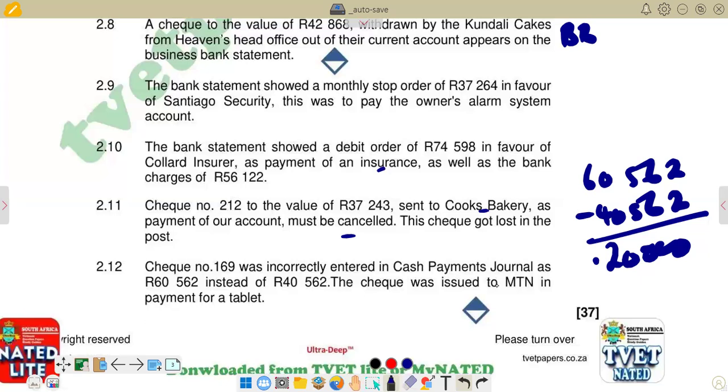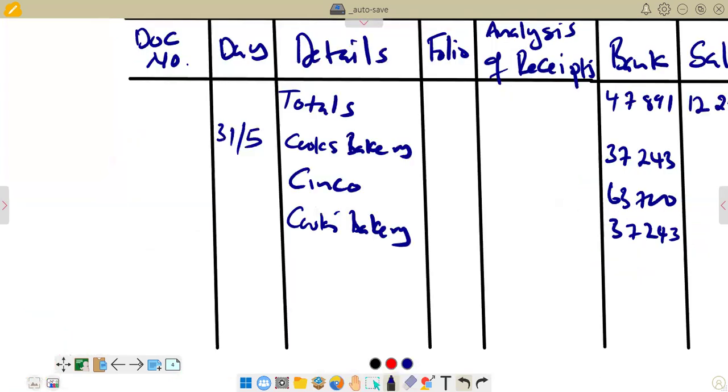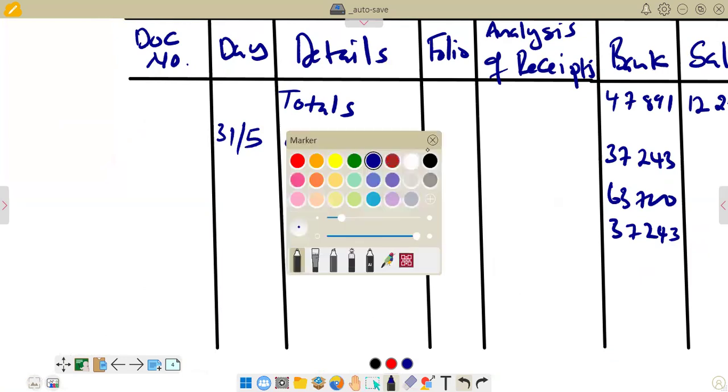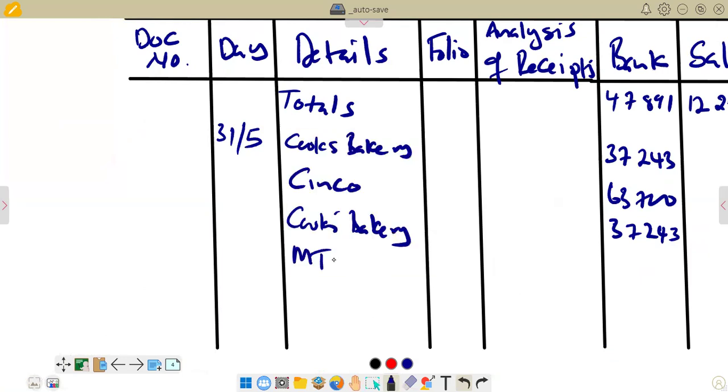On the details part, we are going to write MTN, and we see if it qualifies under sales and trade receivables, which it doesn't, so it goes under sundry accounts. So we are saying on the details part MTN, obviously a collection of check number 169, and then under bank, you put 20,000.